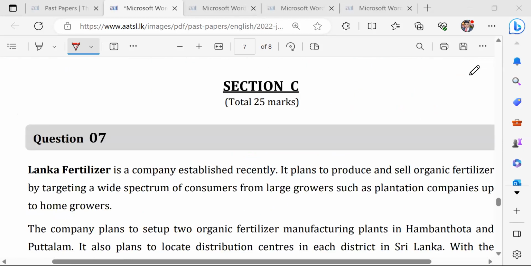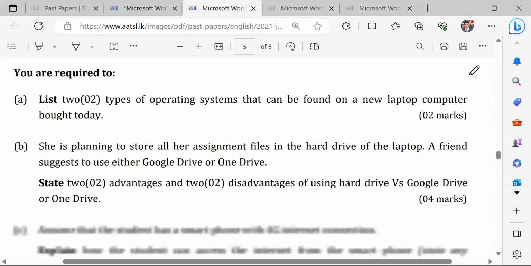But in this section you have to read clearly and answer clearly. You have to understand very well, right? If you didn't understand the case study properly, there will be some problems.